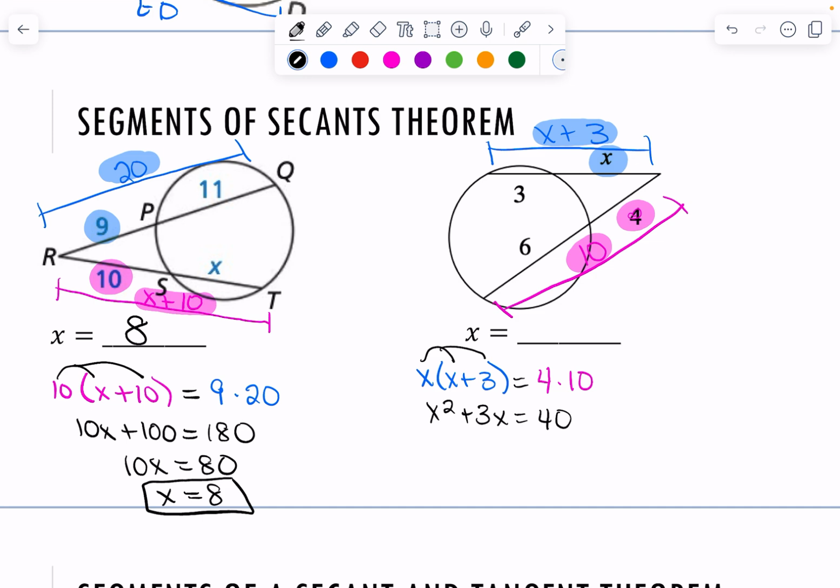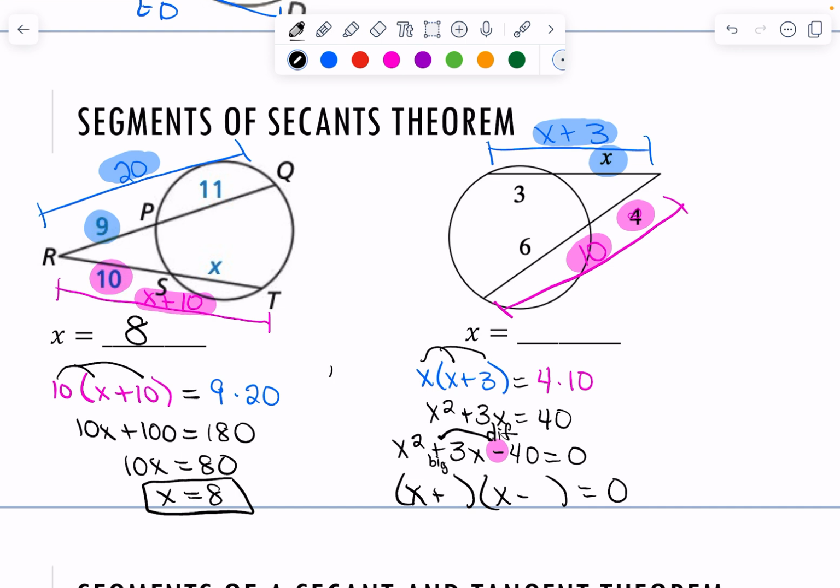I have a quadratic, with a b value, so I move everything over and set it equal to 0. Then at this point, we would go to factor. We would say x and x. We take a look at this symbol, that tells me the signs are going to be different. Then I look back, that tells me the bigger one is going to be the plus.